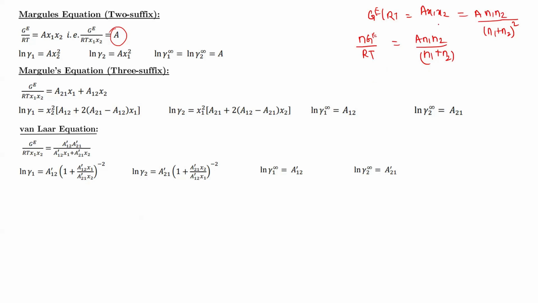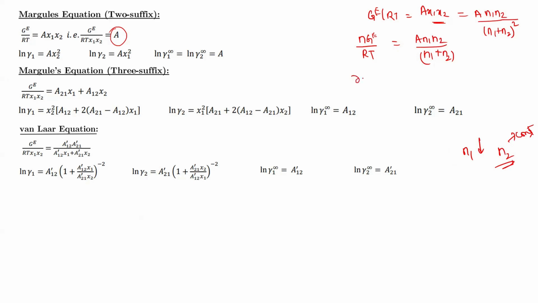So why have we converted into N1 and N2? See here, x1 and x2 have a constraint that x1 plus x2 is equal to 1. If I'm changing x1, the x2 is also getting changed. This is just a mole fraction. Now, if I'm adding N1, assume N2 is not changing. It is constant only here. So that's why I can differentiate it.